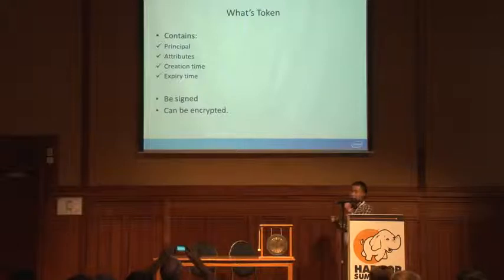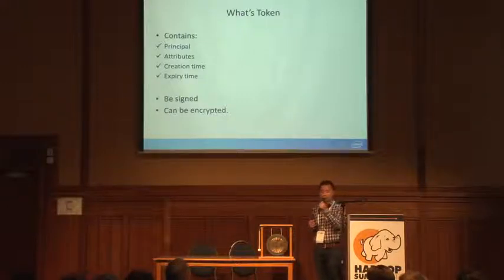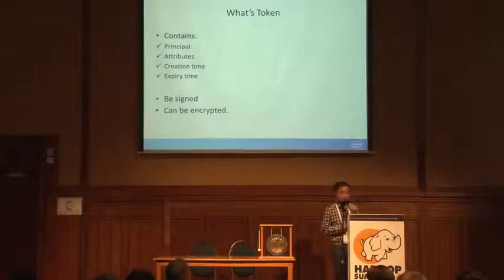Okay. Let's move on to see the token, before we look at the workflow of TokenOAuth. Token is a very important concept, and it's a base concept in the security domain. We may have heard of the OpenID, the OAuth token, the SAML token, and other tokens. And in TokenOAuth, we also use the basic concept.